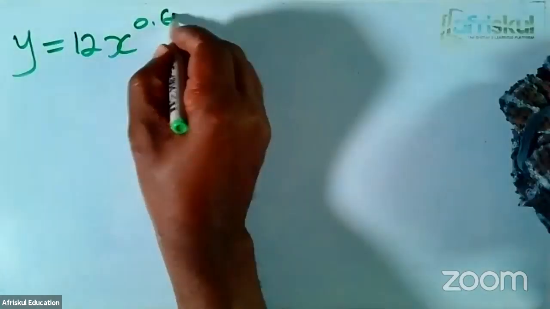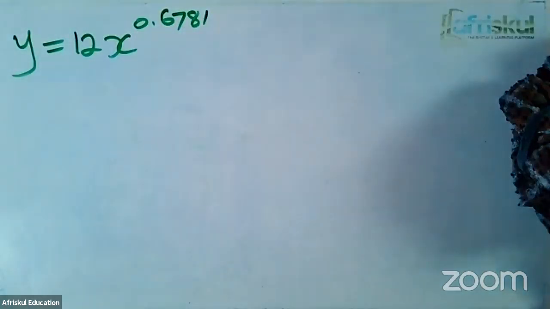Total time for the 8th unit. Okay. So total time for the 8th unit, remember our model is y equals 12x raised to 0.6781.